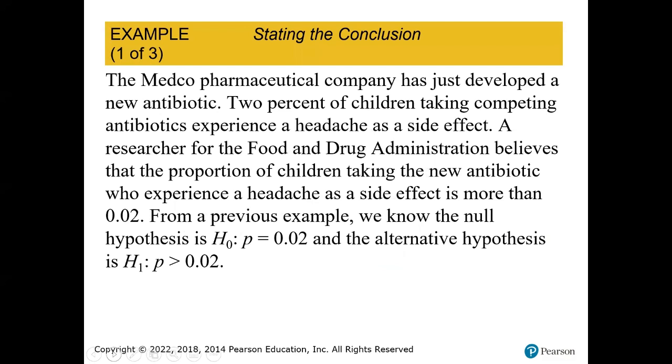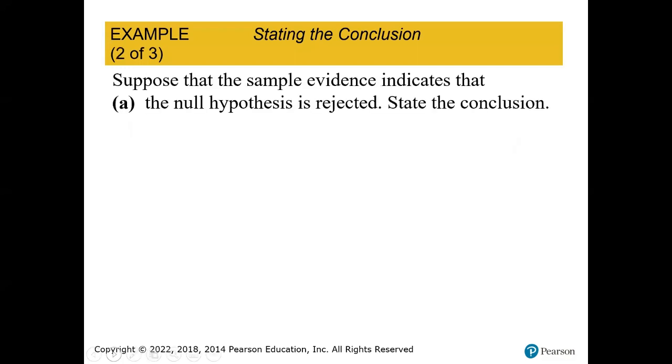How would we state our correct conclusions here? Again, using that same example of the Medco pharmaceutical antibiotic. So null is that the proportion of headaches is 2%. Alternate is that the proportion is greater than 2%. Suppose the sample evidence indicates that the null is to be rejected. How would we write our conclusion?